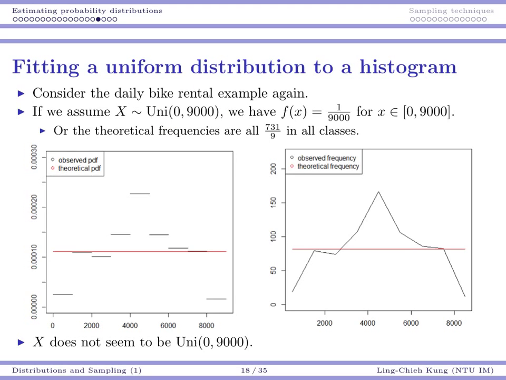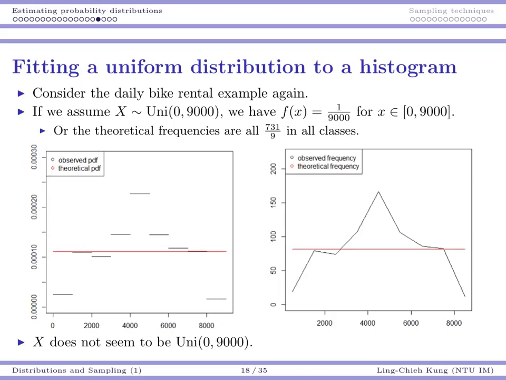Then I can easily calculate the small f for all the possible values. It must be 1 over 9,000. And then I know where to plot this red line, because here it's 1 over 9,000.